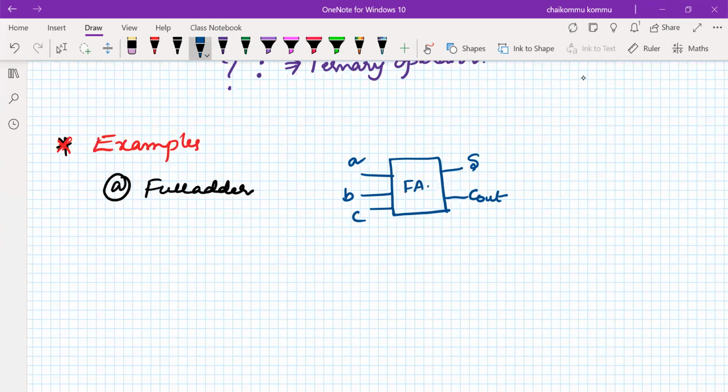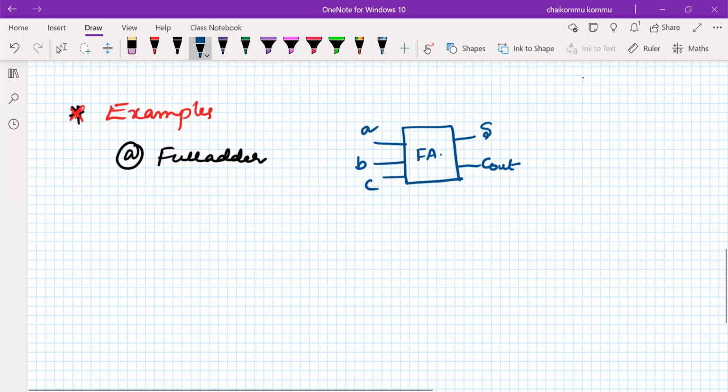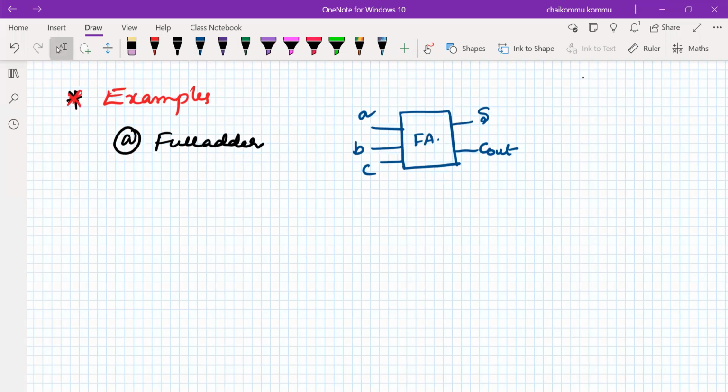The internal structure is different for gate level modeling and different for data flow modeling. In gate level modeling we need to write a gate level circuit, but here it is not required. We can easily write the mathematical equation. The equation for the sum is A XOR B XOR C. What is Cout then?